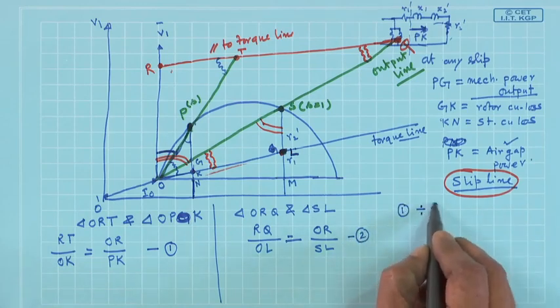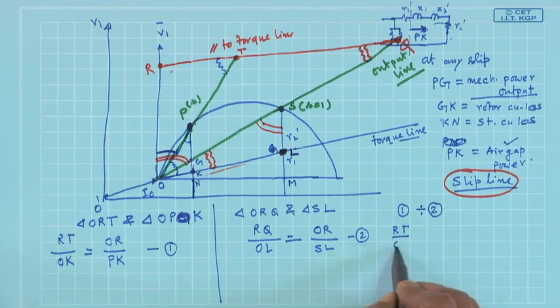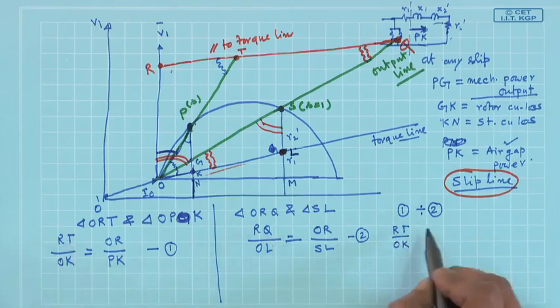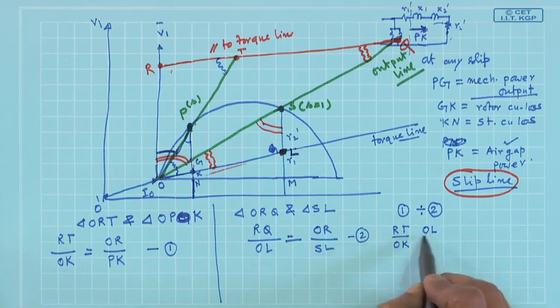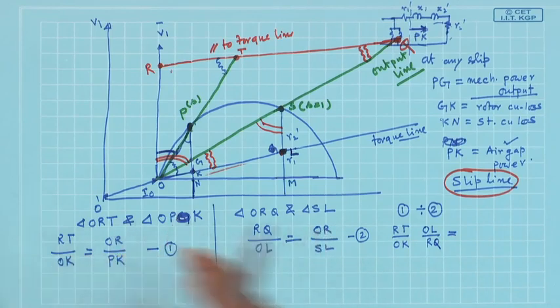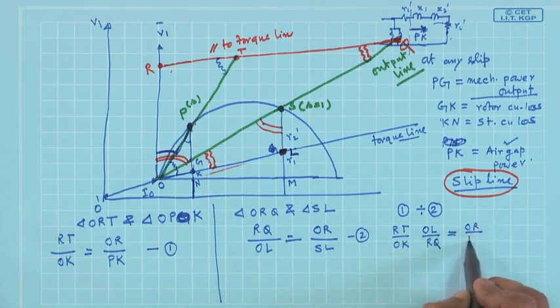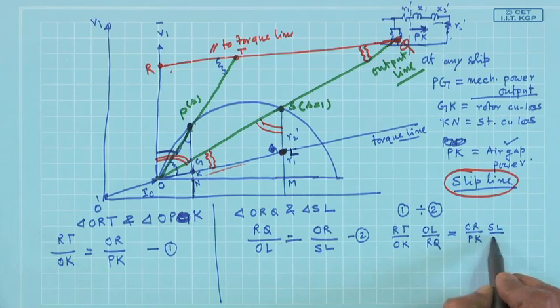Now, what you do, you divide this equation 1 by this equation 2. If you do, left hand side will be RT by OK divided by OL by RQ, and the right hand side will be OR by PK into SL by OR.